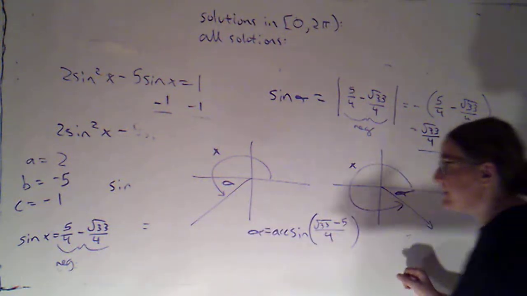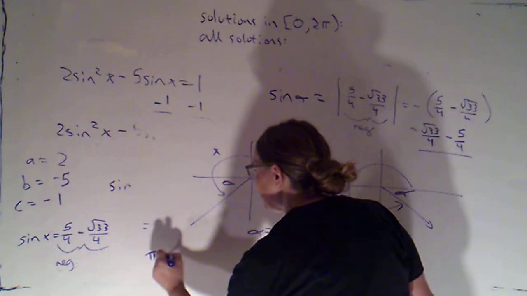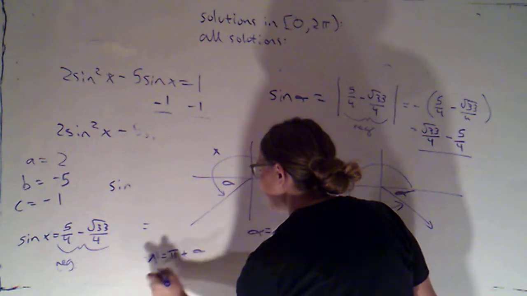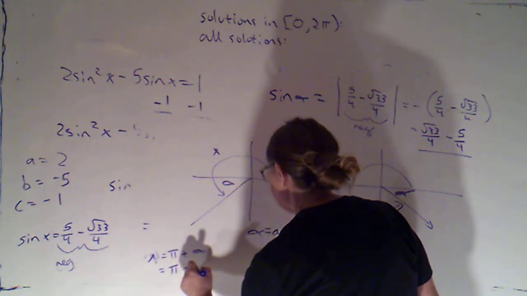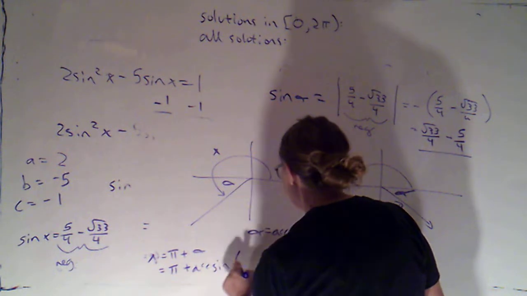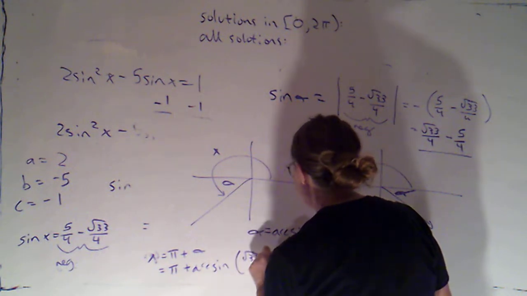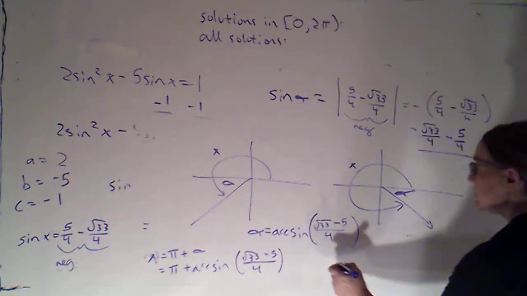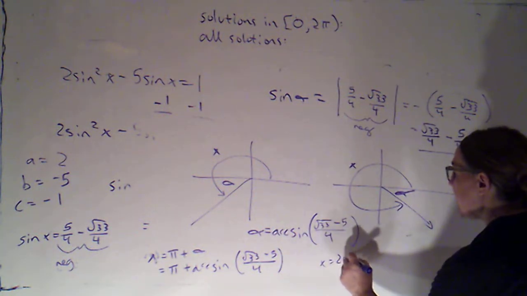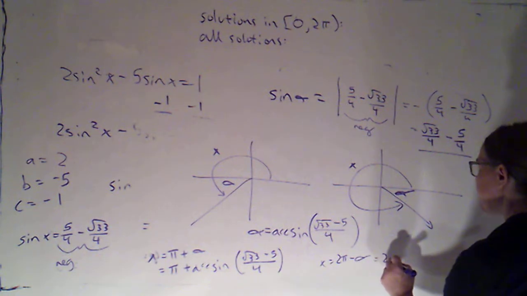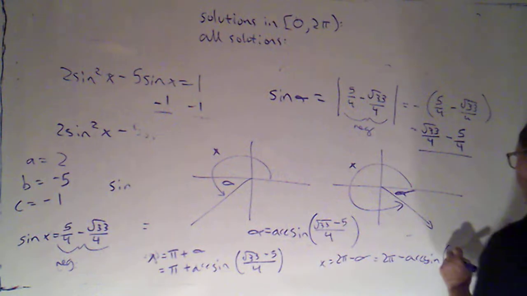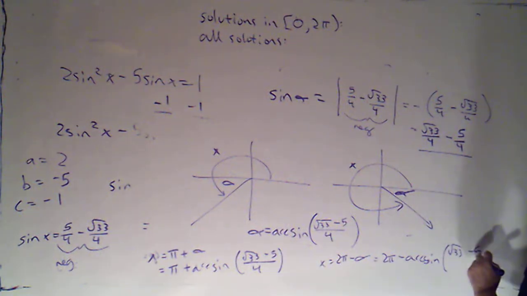So here, that x is pi plus alpha, so that's pi plus arcsine of root 33 minus 5 over 4. This would be x equals 2 pi minus alpha, so that's 2 pi minus arcsine of root 33 minus 5 over 4.